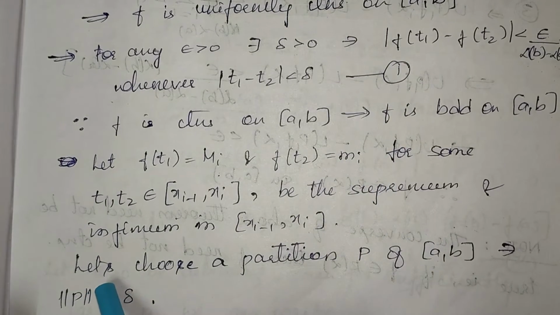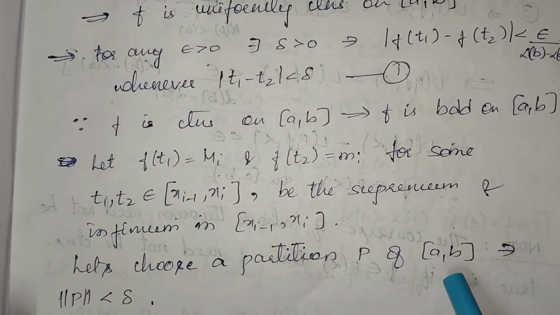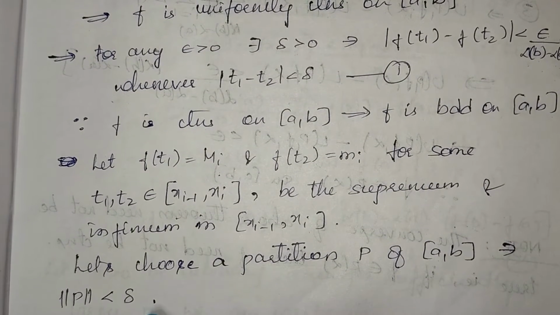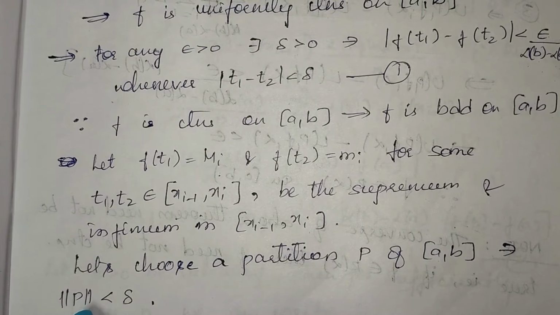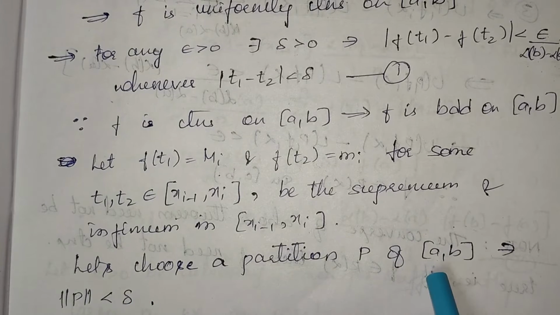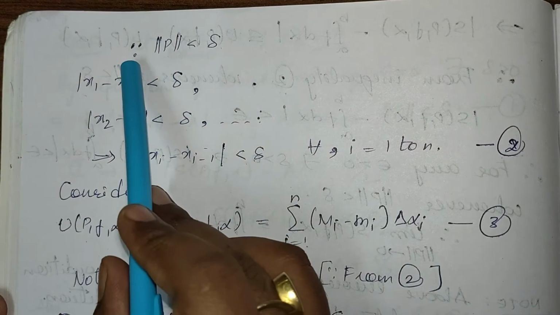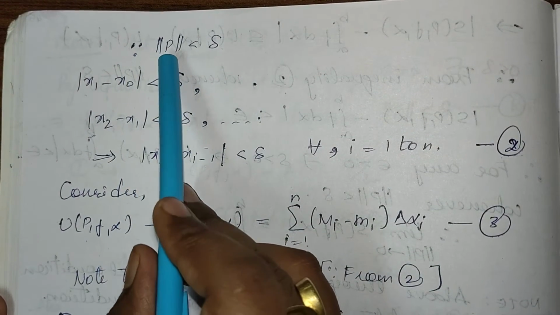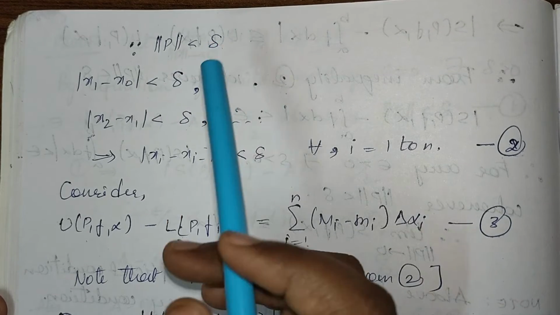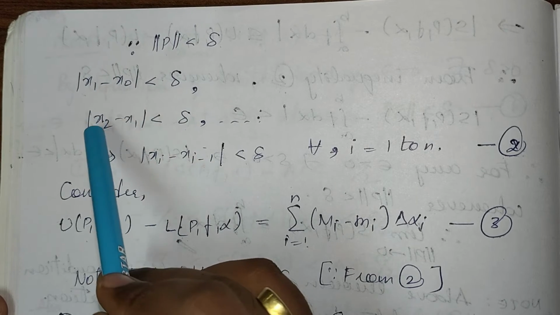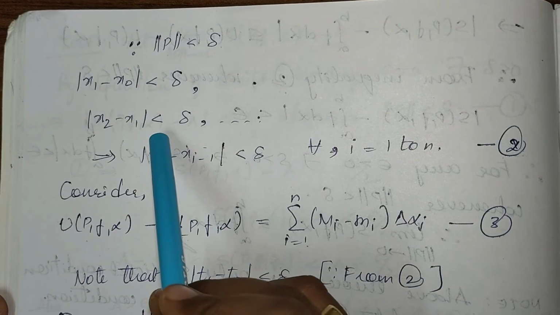Now let's choose a partition P of the closed interval [a, b] such that norm P is less than delta. We know what norm P is: it is the maximum length of the subintervals of [a, b] with respect to the partition P. Since I chose norm P less than delta, x1 - x0, x2 - x1 will all be less than delta.